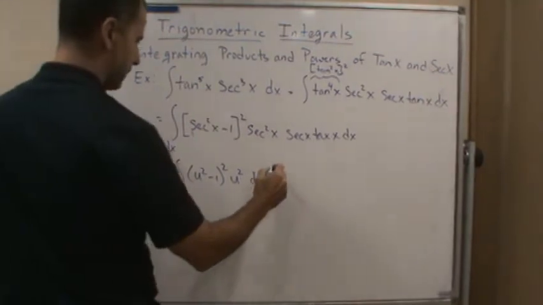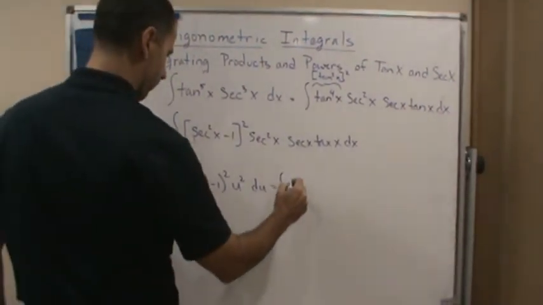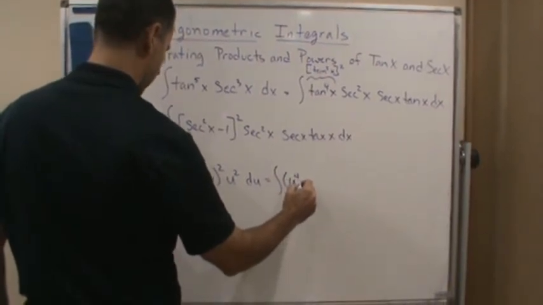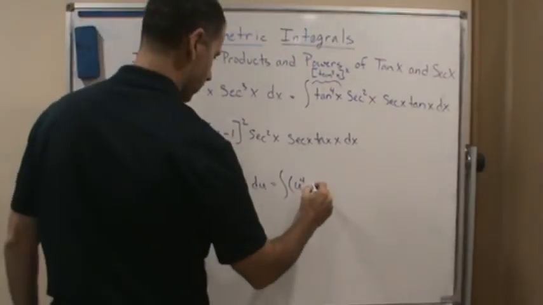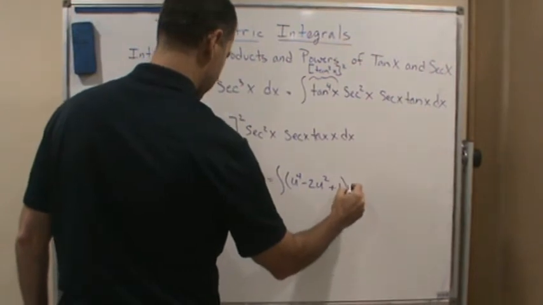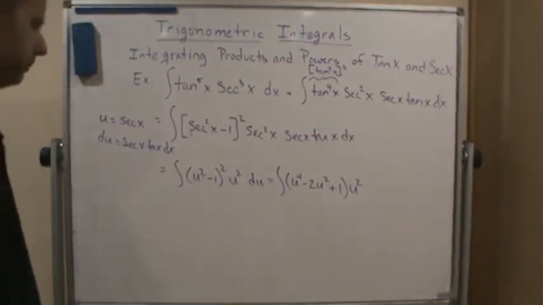And so now if I expand this out, I get what? I get u to the fourth minus 2u squared plus 1 times u squared du.